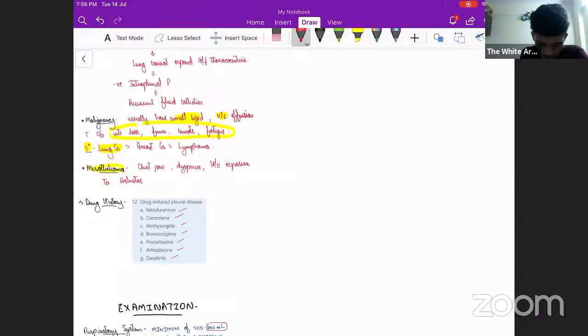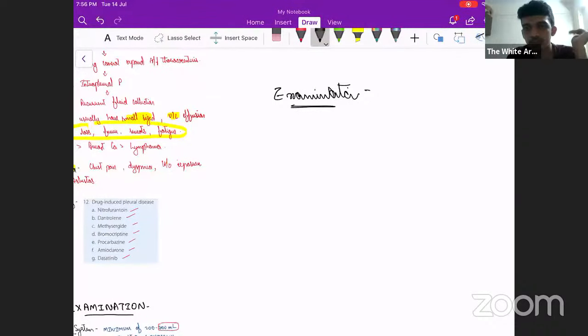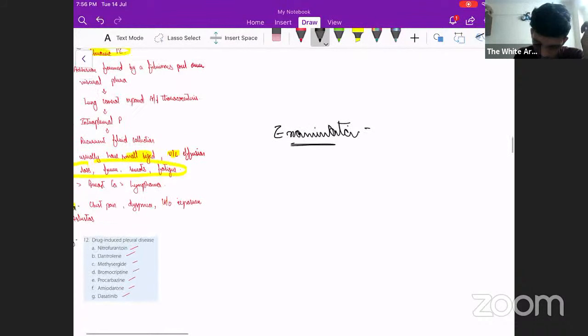Next, coming to examination. We'll see the examination findings of our case. Okay, we'll go a bit faster. Would anyone like to volunteer for examination of the previous case we were discussing? So we have come to a differential diagnosis of mostly a case secondary to renal involvement.